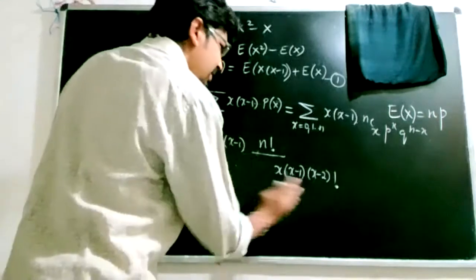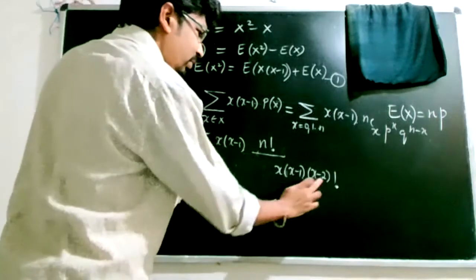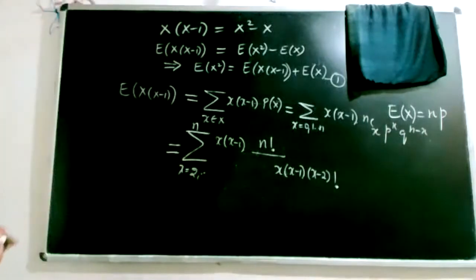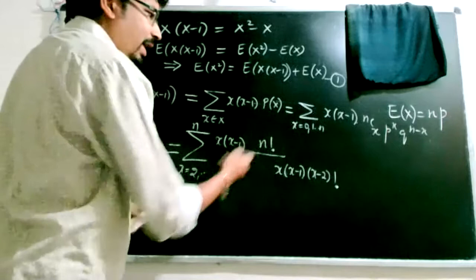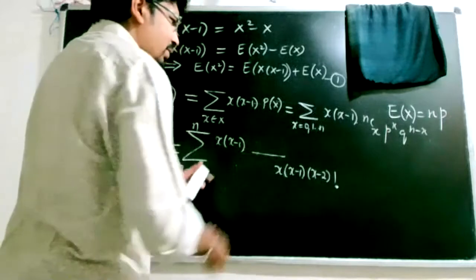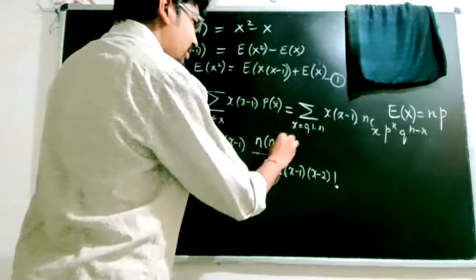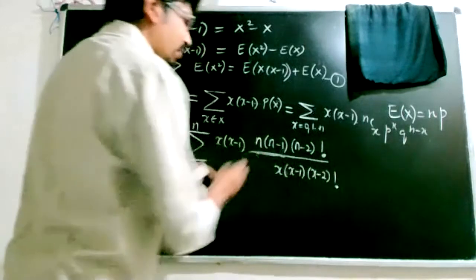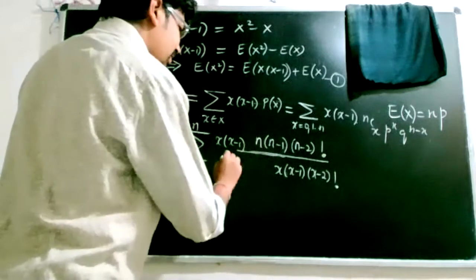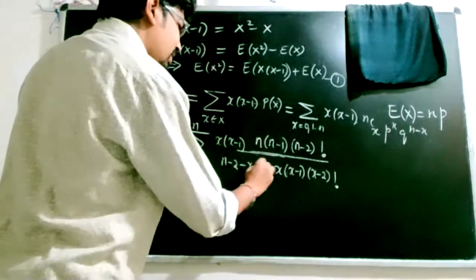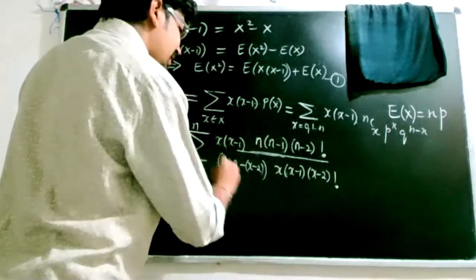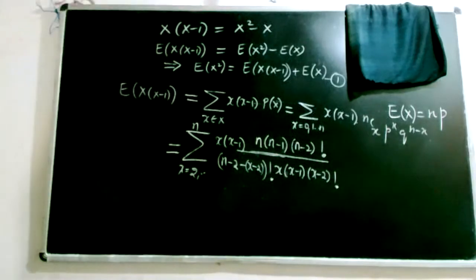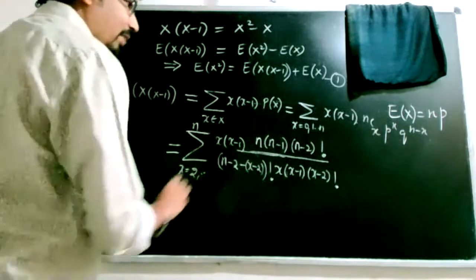And now since my x is taking values from 2, if I want to convert this into the PMF of a binomial, I should take out n and n minus 1 outside. So I'll expand this n factorial as n into n minus 1 into n minus 2 factorial. And this should be n minus 2 C x minus 2. I'll just add and subtract 2 in the factorial n minus x, leading to n minus 2 and x minus 2 factorial.